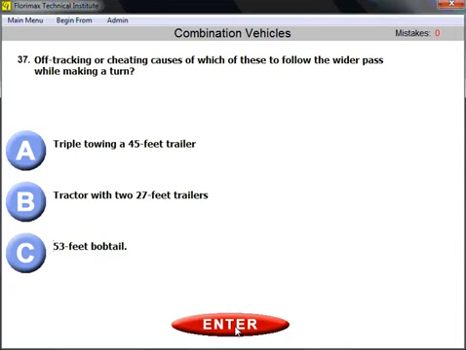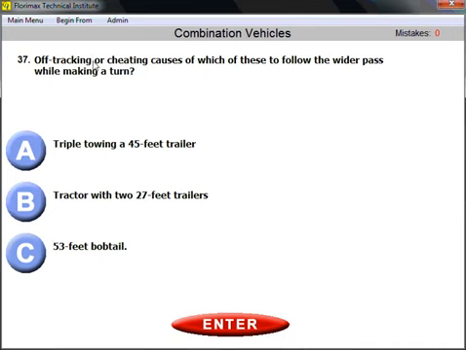Question number 37. Off-tracking, or cheating, causes which of these to follow the wider path while making a turn? Again, it's a very sophisticated statement, but what exactly is asked?